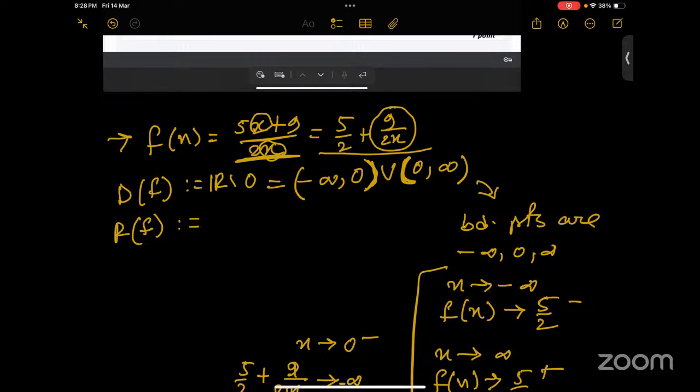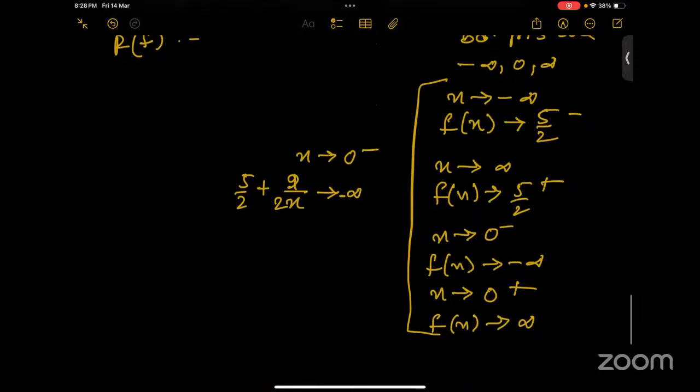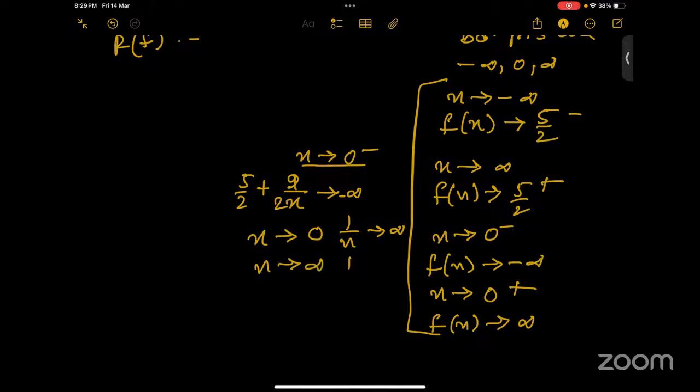But in the last line, if x is tending to 0, then 1 over x is tending to infinity, and if x is tending to infinity, then 1 over x is tending to 0.